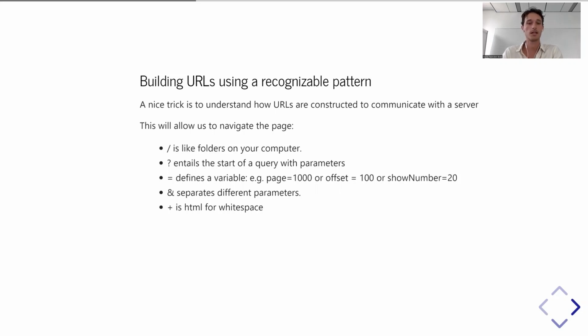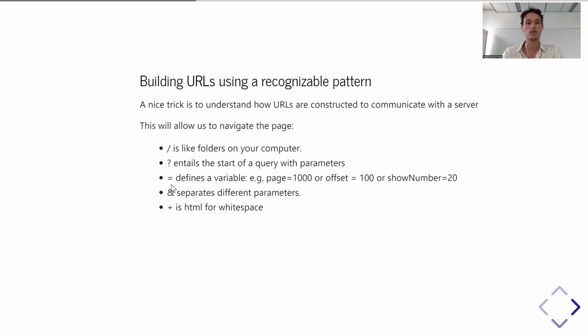For example, a slash is like folders on your computer. A question mark entails the start of a query with parameters. A parameter can, for example, be page, offset, show number. These are examples of parameters.